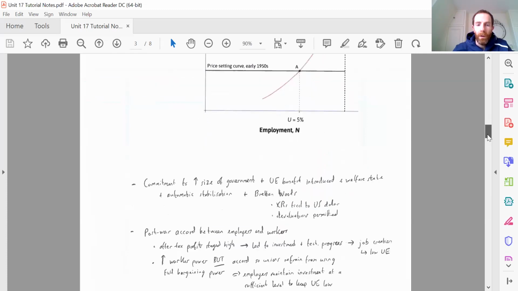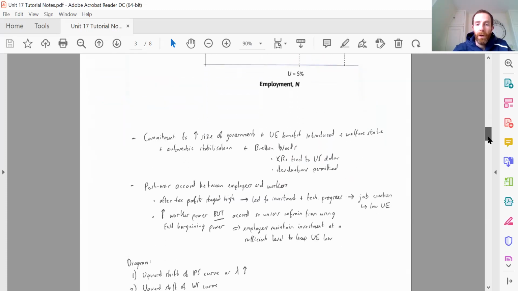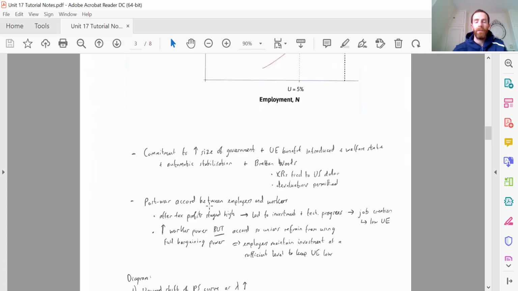We can also think about what was going on in terms of employers. Employers saw labor productivity really increase. Why? Lots of technological innovations that had been produced during the Second World War now came into wide use.